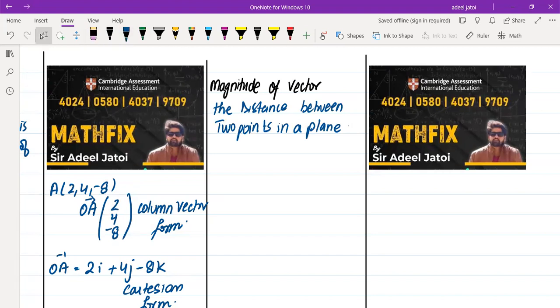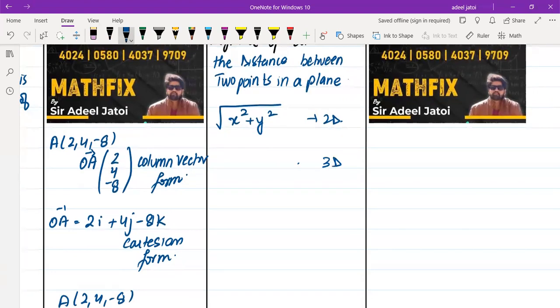Now, the formula that is applied in 2D is under root x square plus y square. But since we'll be working on 3D figures, it is under root x square plus y square plus z square that will be the magnitude. So if I want to find the magnitude of A, your A coordinate was 2, 4, minus 8.